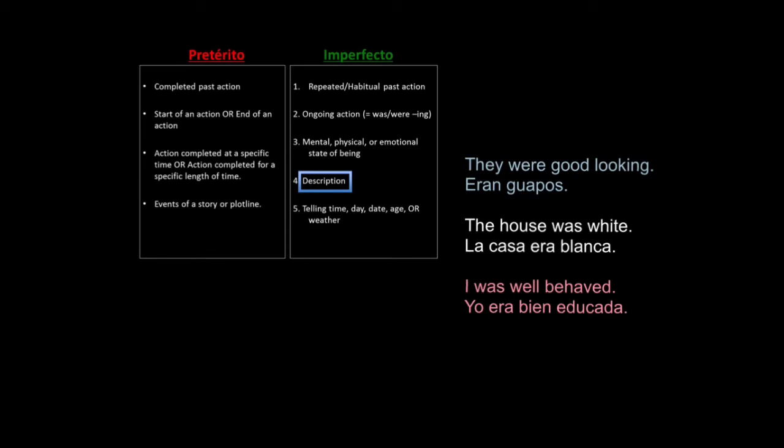For example, the house was white, or la casa era blanca. The imperfect can also be used to describe a personality trait such as I was well behaved, yo era bien educada.